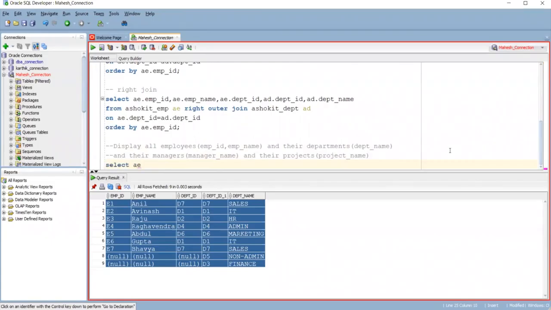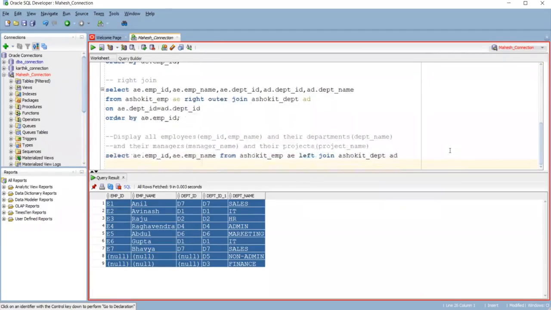Select AE dot employee underscore ID and AE dot employee underscore name from the Ashok IT underscore employee table, left join of Ashok IT underscore employee AE, that is left join of Ashok IT underscore DPT, that is AD.